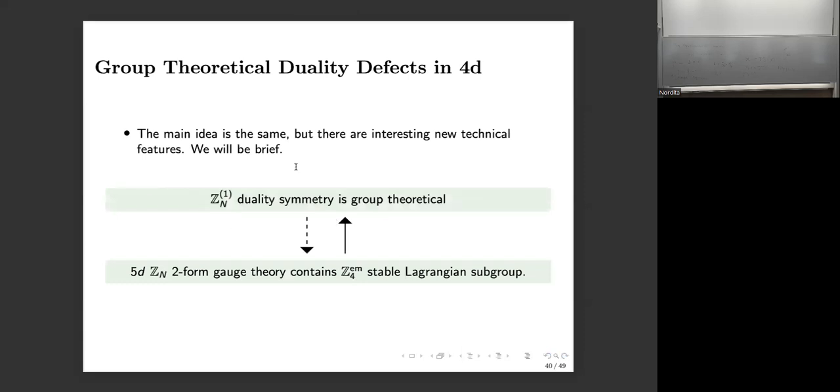Okay, great. So now let's move on to higher dimensions. So in 4D, we want to discuss a similar thing. Now it becomes the two-form gauge theory, and you should search for a Z4 EM stable Lagrangian subgroup.